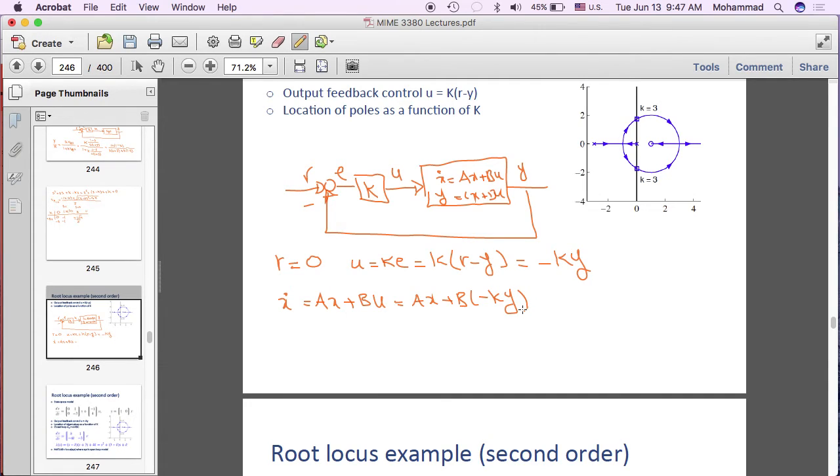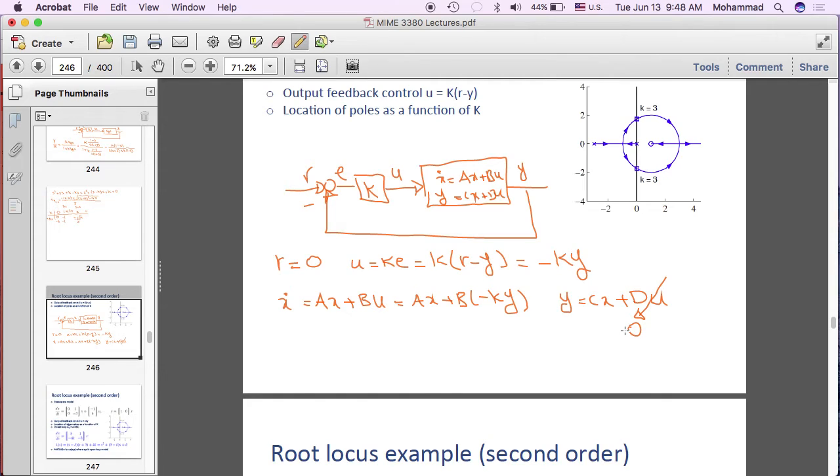And what is y? Look at the second part of the state space model. y is cx plus du, and we know d is in the majority of cases equal to 0.